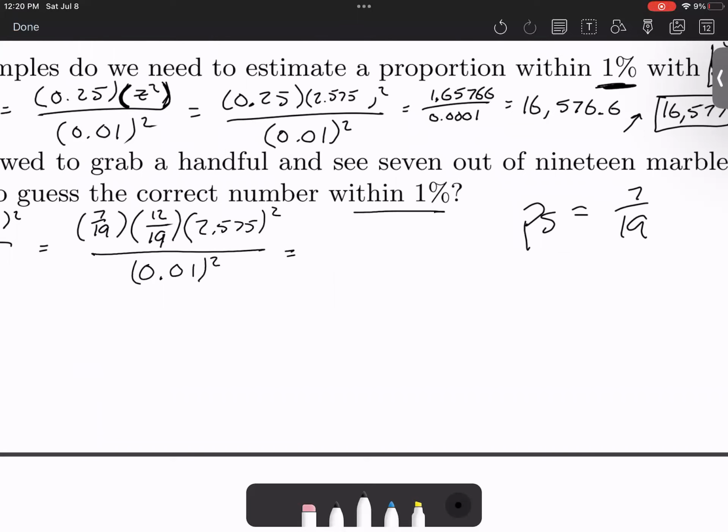Okay, so going through this equation slowly, we get in our numerator 1.5429. Which gives us 15,428.6. But again, you can't measure 0.6 of a marble, so round that up. You need to measure 15,429 marbles.